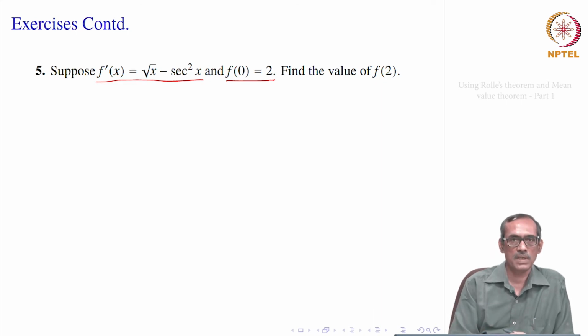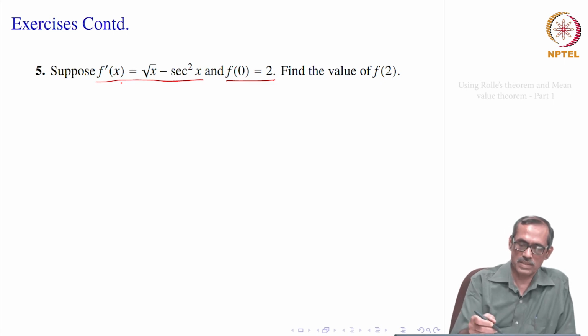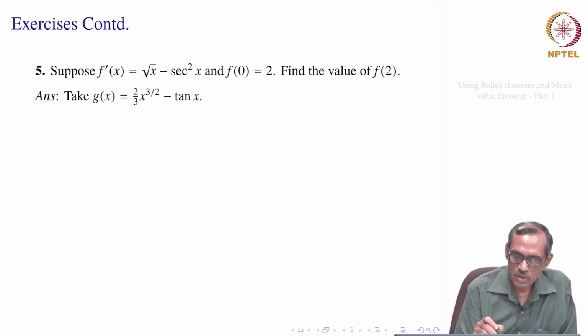It is similar to the earlier problem. Here the derivative is given. So, that means you have to guess some function whose derivative will be square root of x minus secant square x. That should be our starting point. We know that root x will come from x to the power 3 by 2, right.